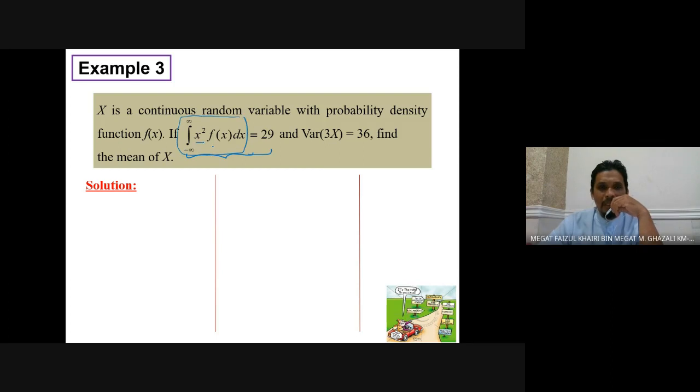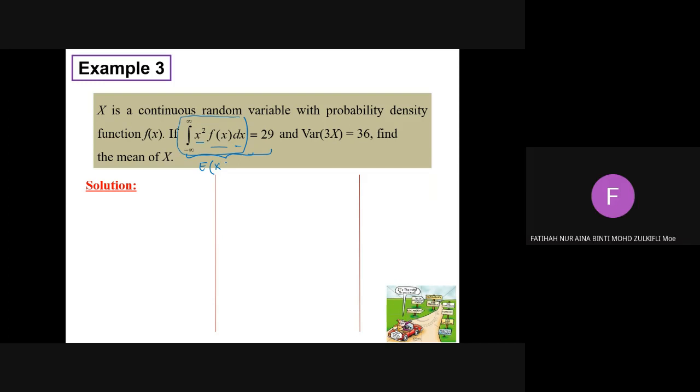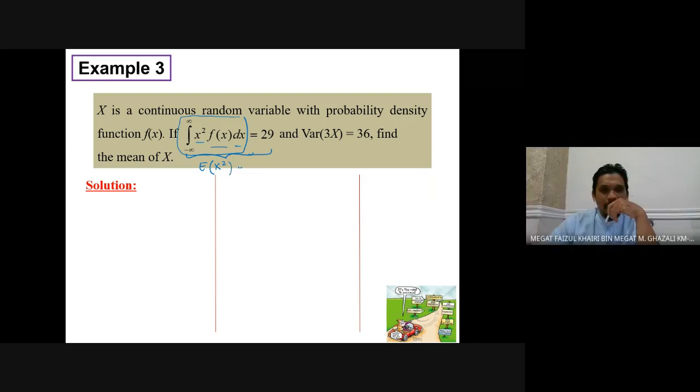Integral of x squared f(x) dx. This is E. Can you guess? Integral of x squared f(x) dx. E of x or E of x squared? E of x squared. Good. E of x squared equal to 29.